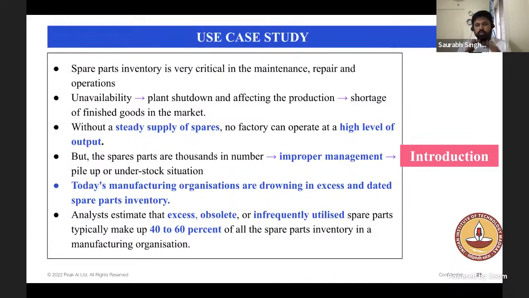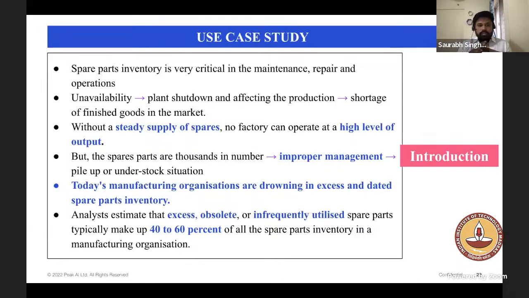So you need to have your spares supply steady, because an organization may not be sure when a particular spare part is required to repair a particular machine or any part of the production line, any equipment. But what is the challenge with big manufacturing organizations, like those producing steel or cement and so forth?